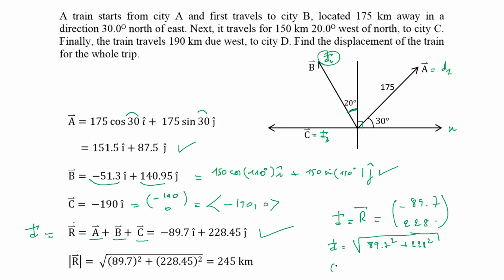Of course, the direction theta is tan inverse of the y component divided by the x component. So what will that give? Let me calculate it. Tan inverse of the y component, 228, divided by the x component, minus 89.7.